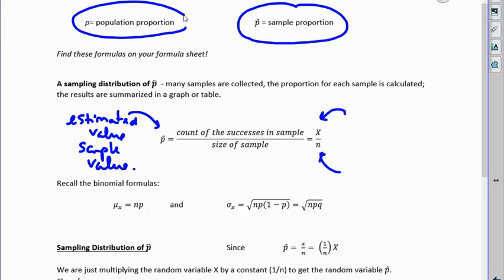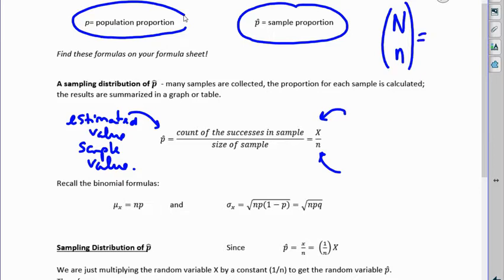If you were interested in doing a sampling distribution, which I'm not saying that I necessarily would be, recall that a true sampling distribution would be taking every single combination of size n from the population.